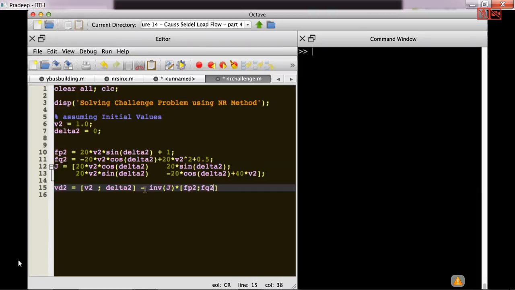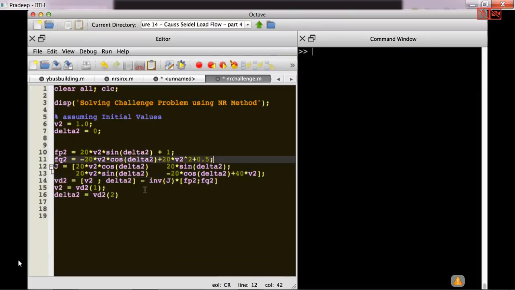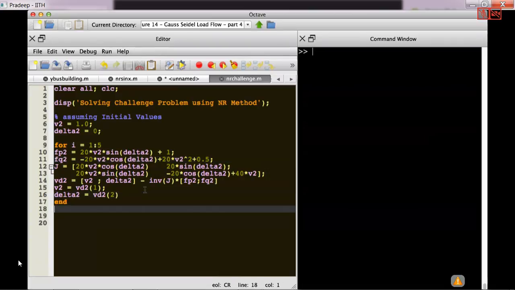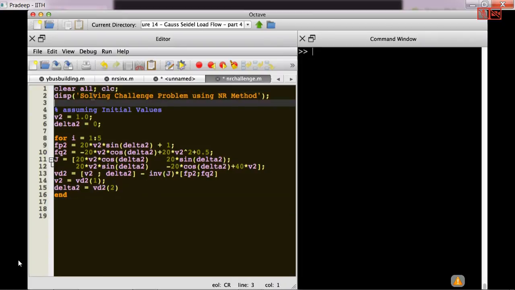Then V2 is nothing but VD2 of 1, and I'm just updating the variables, VD2 of 2. This whole thing I'll put in a for loop. For i, so this simple 16 line problem, in fact if I remove the empty lines, a challenge problem, let's run it and see what solution we get.